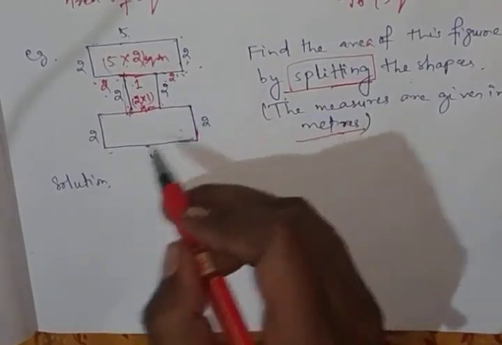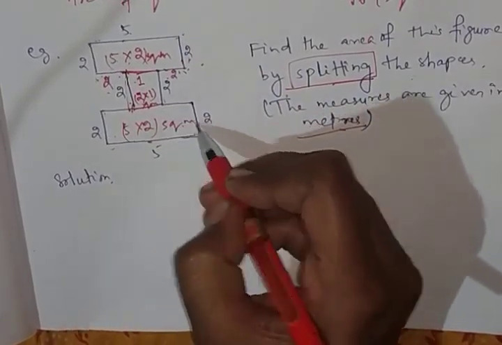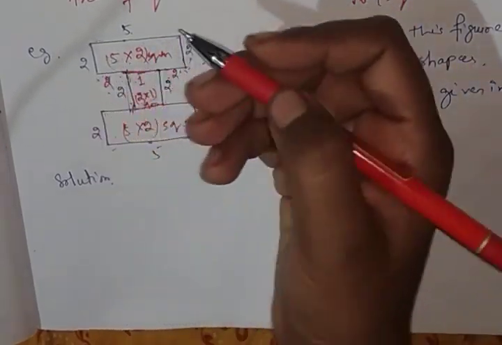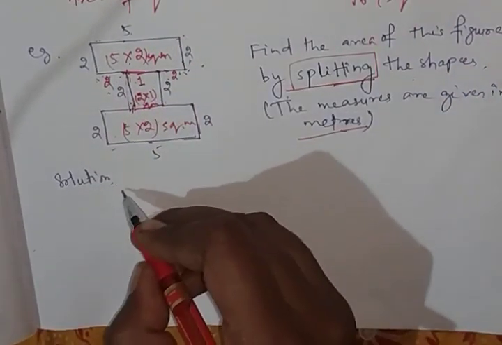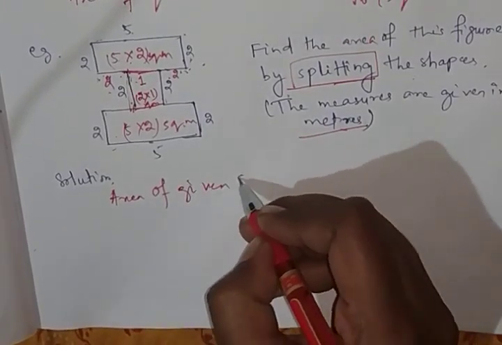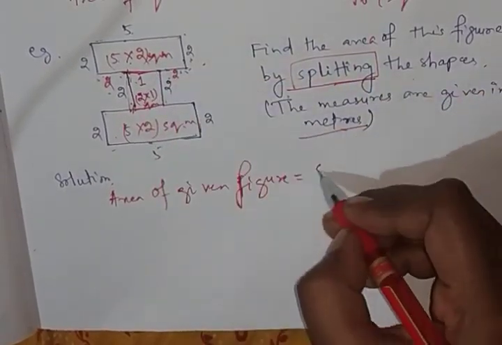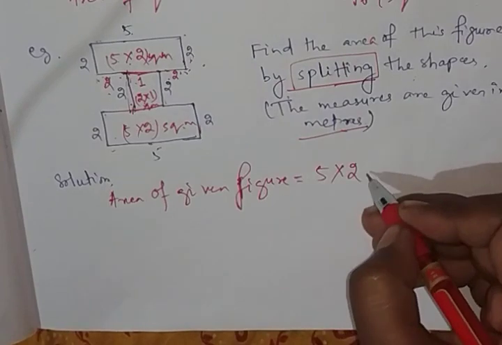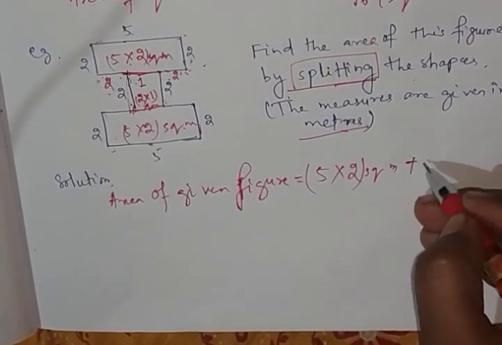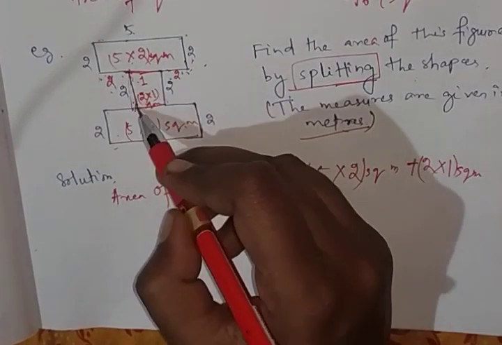Then area of this figure is how much? 5 into 2 square meter. So what will you write? Solution. Area of given figure equals 5 into 2 square meter plus 2 into 1 square meter, because this is 2 into 1.